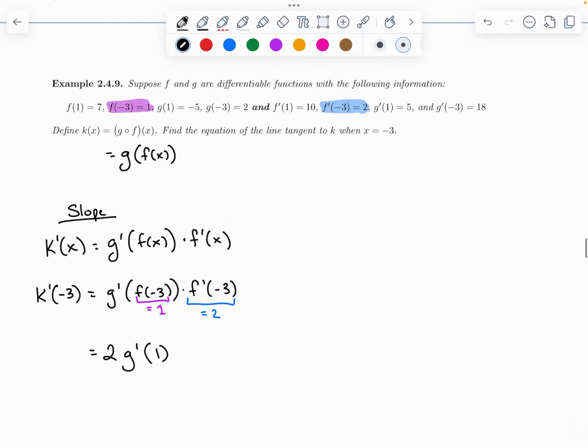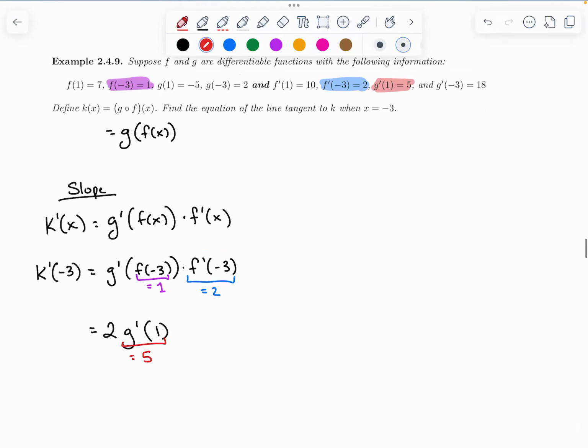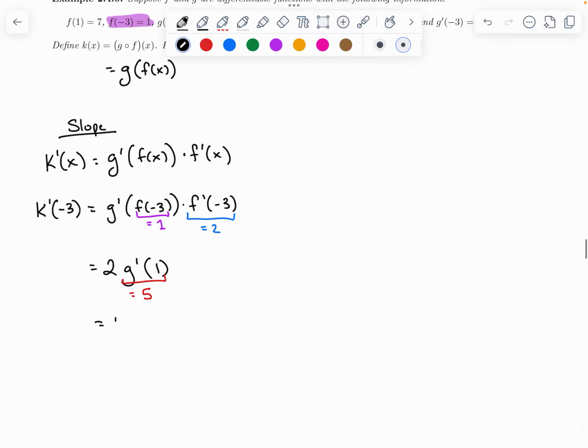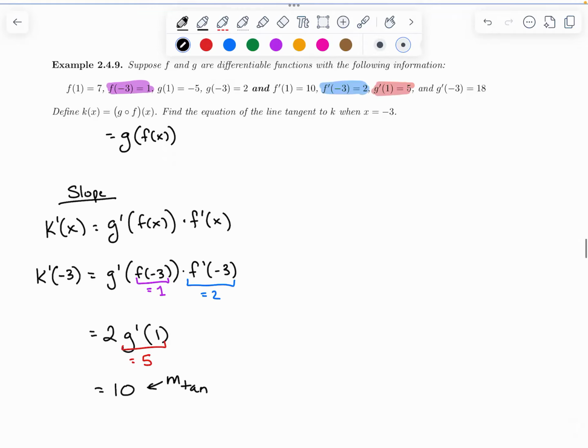And now we'll have to look for g prime of 1, which is 5. So it's equal to 10. That is the slope of our tangent line, m sub tan. And we've got that. And now the only thing left to do is to find the point.